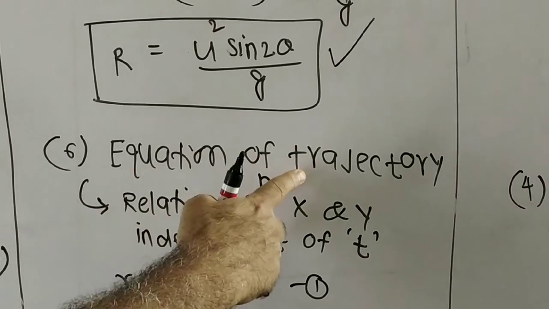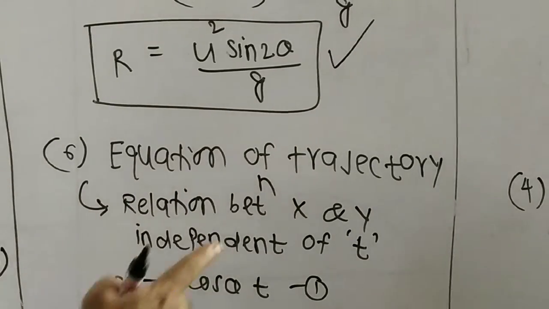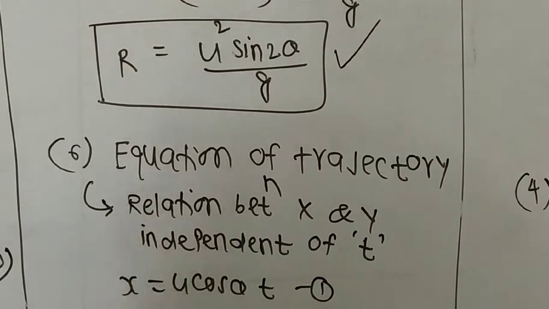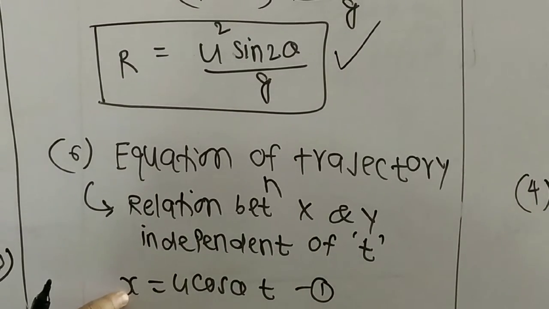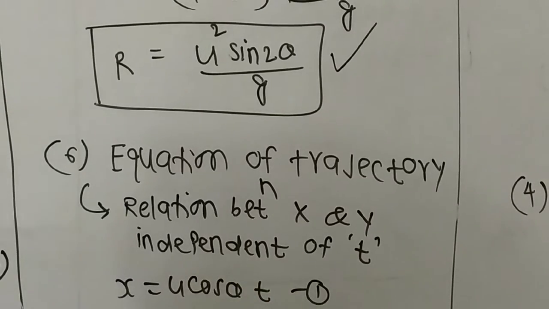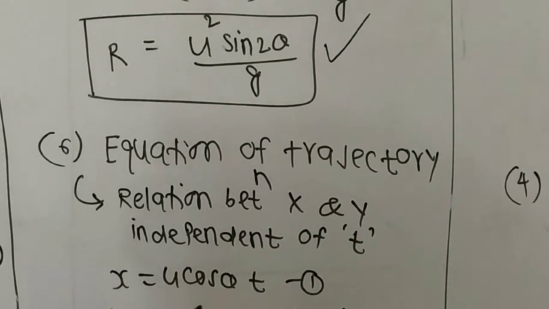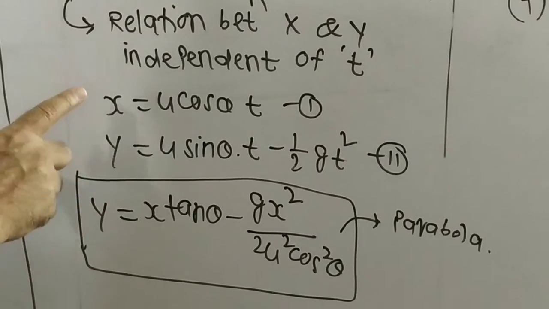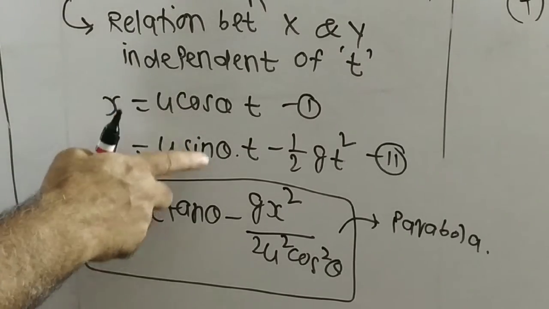And finally, that is called equation of trajectory, or equation of path which the particle is following. Remember, equation of trajectory is nothing but relation between x coordinate and y coordinate of the particle independent of time. Now already we know its x coordinate at a time t is u cos theta into t, y coordinate at a time t is u sin theta t minus half g t square. Now we have to find a relation between x and y independent of time.